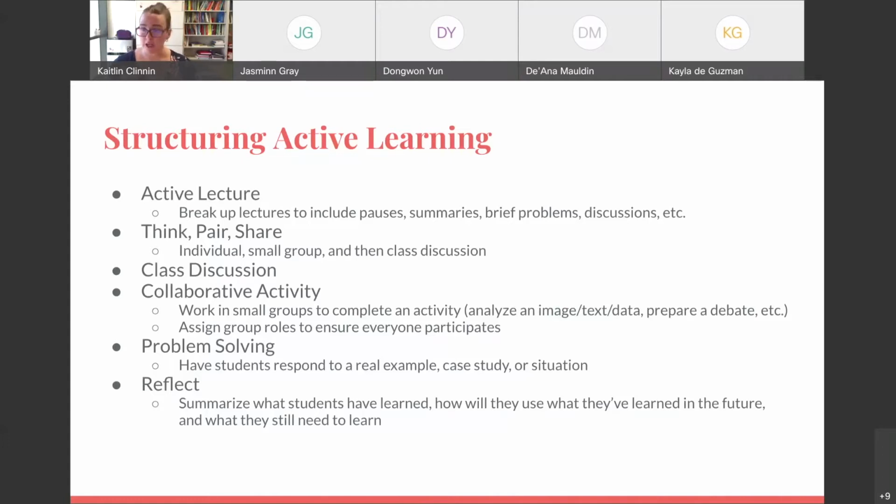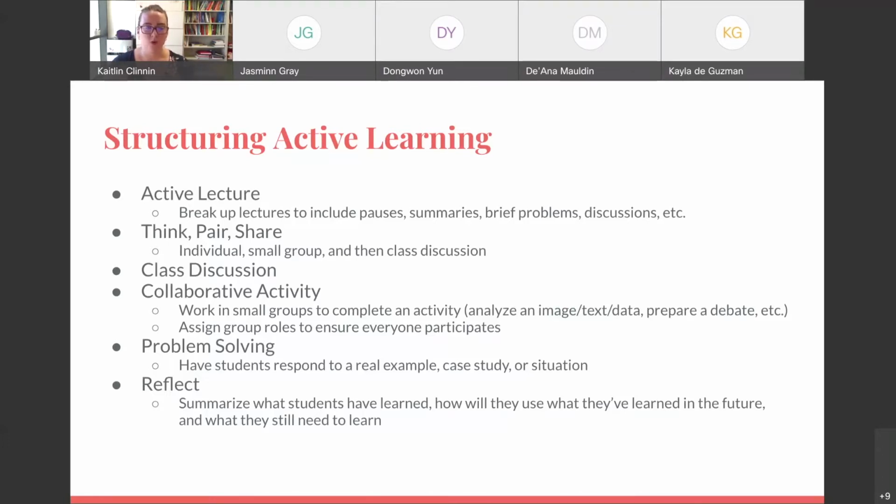Think, pair, share is another common active learning strategy, and there are different ways that you can set this up as well, but it begins with a student individually thinking, maybe writing in response to a question. Then they get into a pair or a small group where they can discuss, and then you have a larger class discussion.